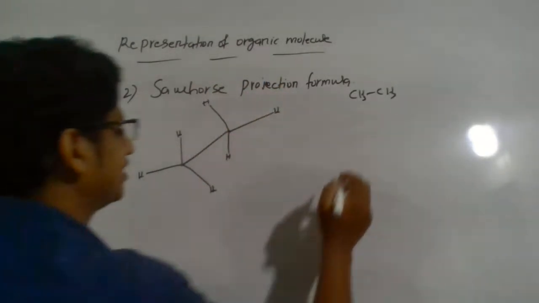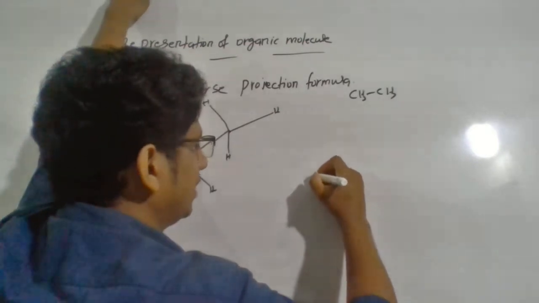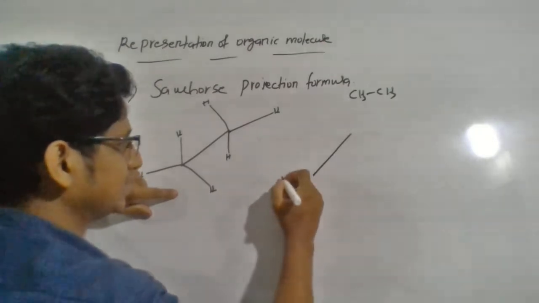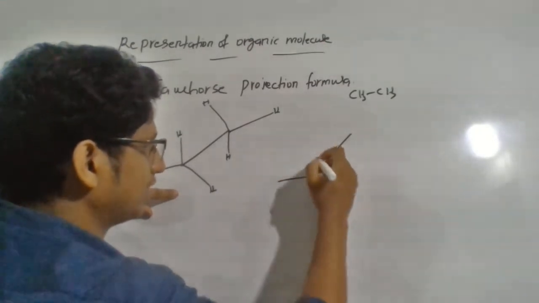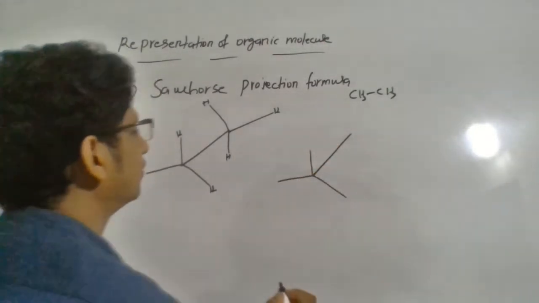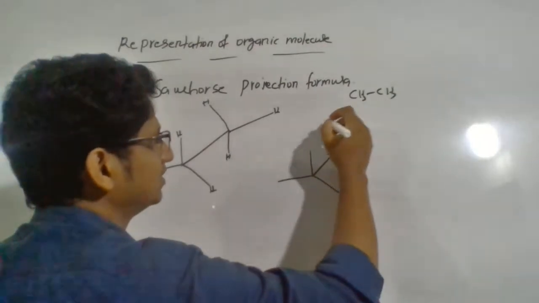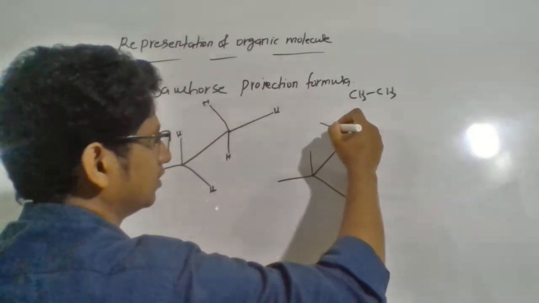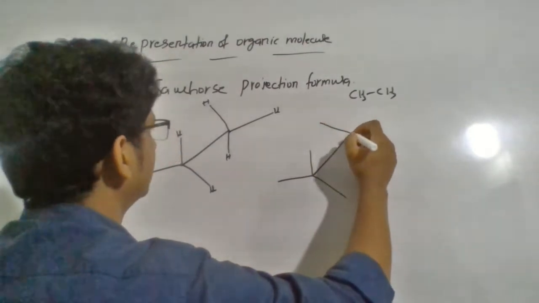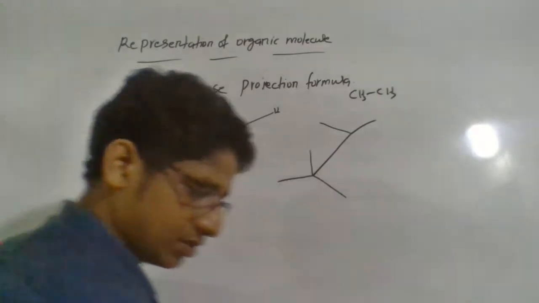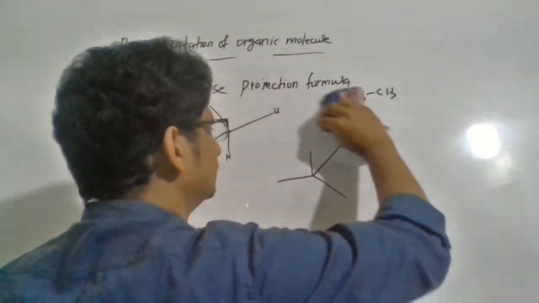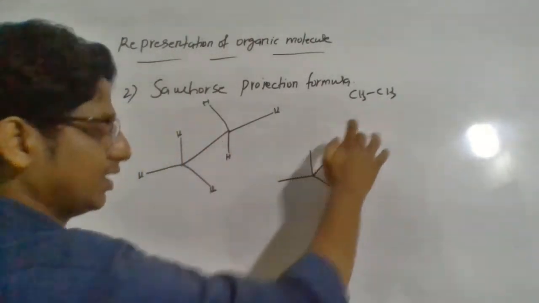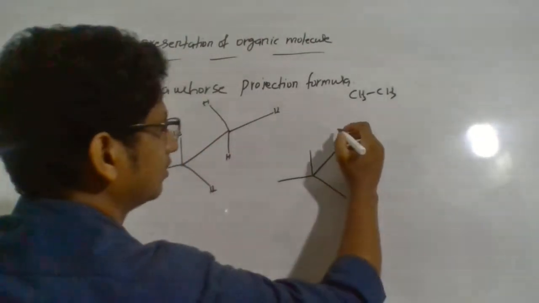Now let me represent another way. A carbon-carbon long elongated bond. This part I fixed. This is again an inverted Y. This time this is a normal Y. Sorry, this should be a normal Y. Here it is a normal Y. Here again it's an inverted Y.